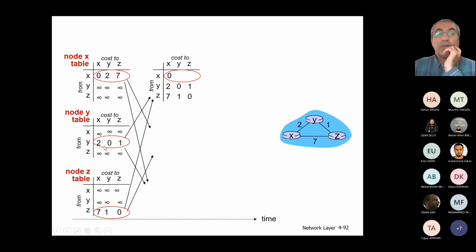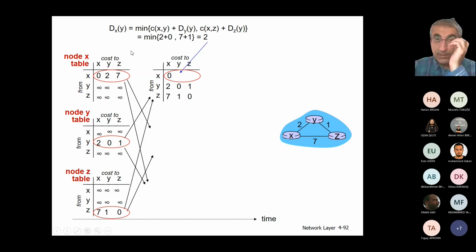Now we need to calculate, because the new entries come in, so we need to calculate the new entries for the X line. So from X to Y, we need to calculate this distance vector, the dx of y estimate, which is the minimum of c(x,y) plus dy(y).